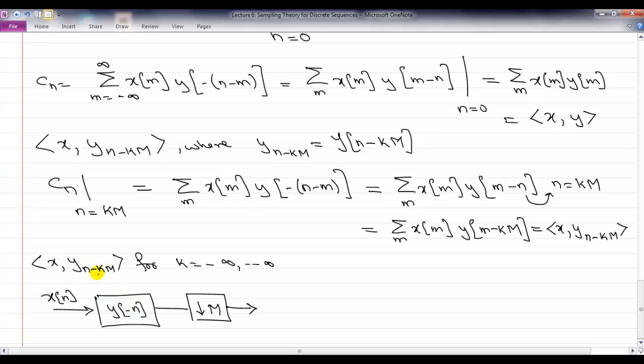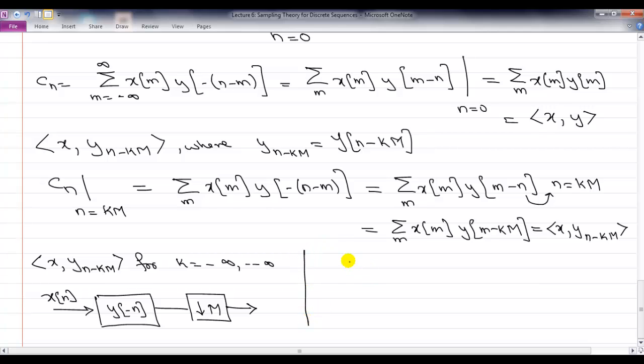This is very similar to what we did in the continuous time case, where we had to compute inner products of your function with shifted versions of sinc. We said that to compute inner products with shifted versions of sinc, all you have to do is filter with the time reversed version of sinc and then sample it. So it's exactly the same analog.